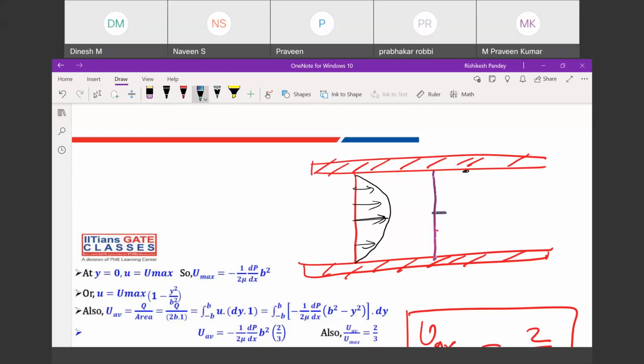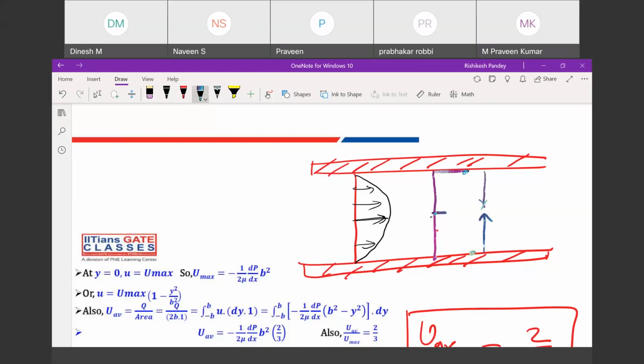At the center, the shear stress will be minimum, which is 0, and at the wall, it will be maximum, because viscous effects are seen maximum near the wall only. Here only maximum shear viscous effects are seen, and it reduces towards the center.